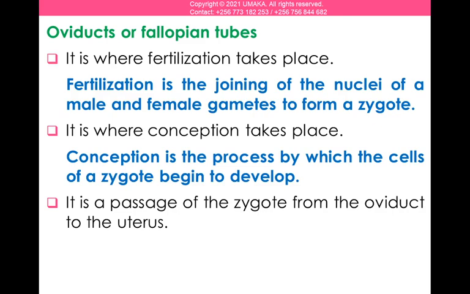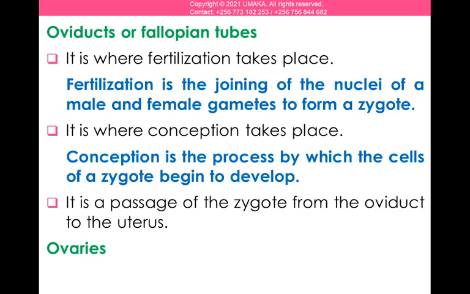When a zygote is formed after fertilization, as it is going to the uterus for implantation, it passes through the oviduct or fallopian tube. So it is a passage of the zygote from the oviduct to the uterus.